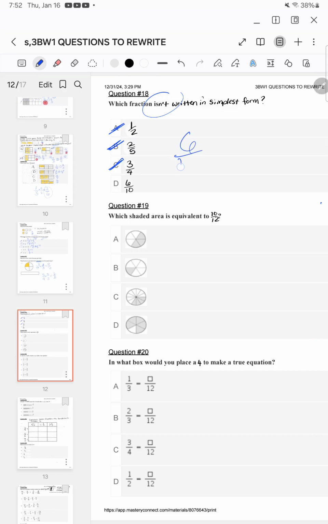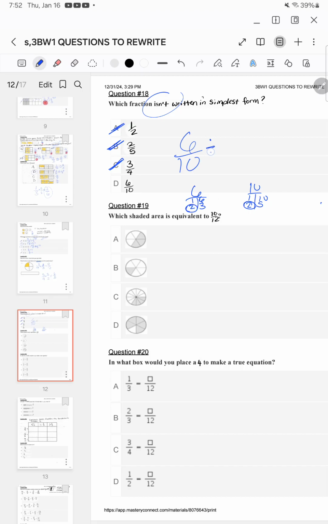Now, 6/10, I can actually make this smaller, because if I were to use a T-chart and I were to put 6 and 10, and I'll put 1 times 6, 2 times 3, 1 times 10, 2 times 5, they can actually both be divided by 2, because they have 2 in common as a factor.